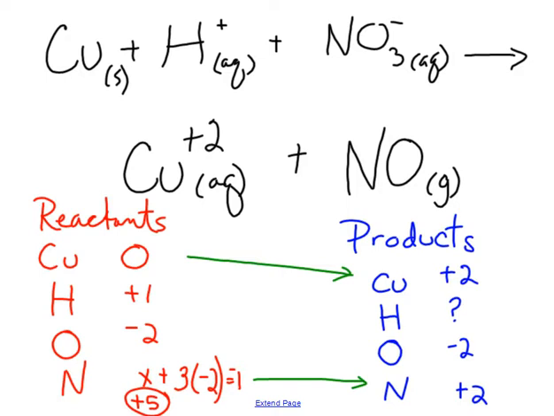In every redox reaction, something must be oxidized and something else must be reduced. You can't have loss of electrons without something else gaining electrons. There must be both, or you've done something wrong. In this case, we already have something oxidized and something reduced.